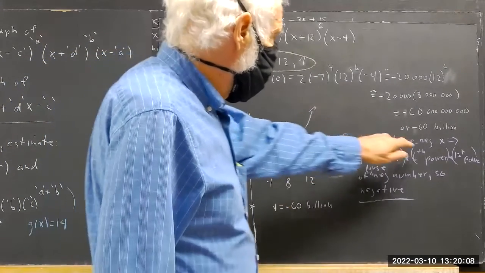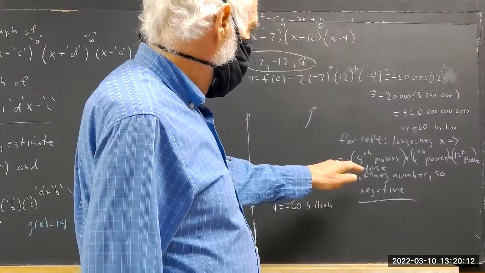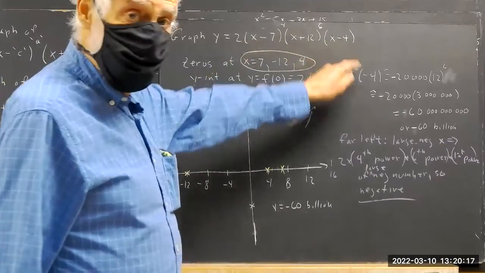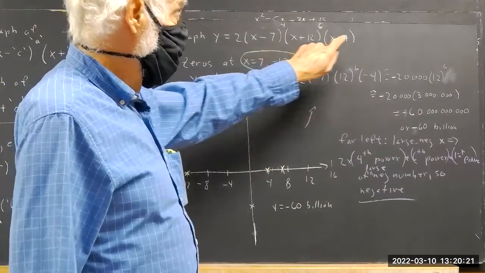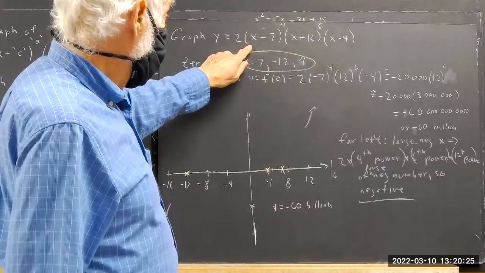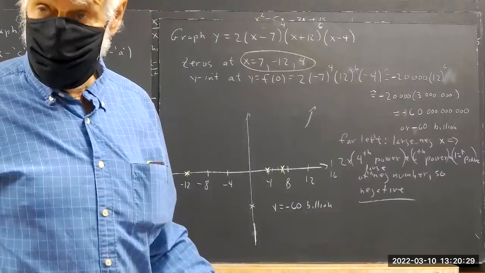Okay, so we've got a large negative x. If x is a large negative number, every one of these factors is a large negative number, right? Or at least the x minus 7, the x plus 12, and the x minus 4 are large negative numbers. Of course, this large negative number is raised to the fourth power, which gives an unbelievably large positive number.